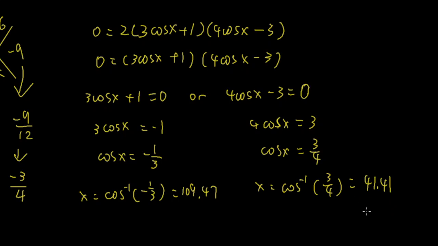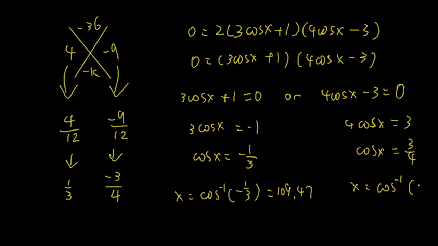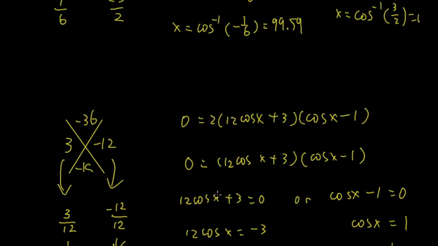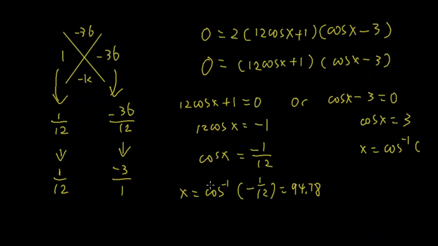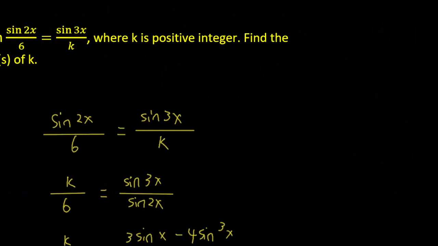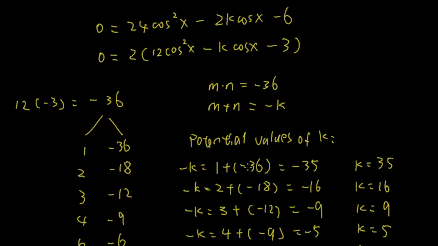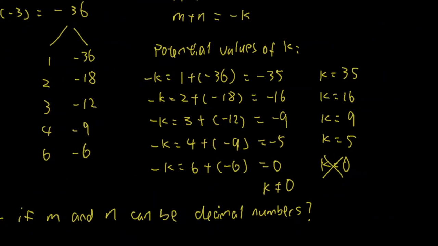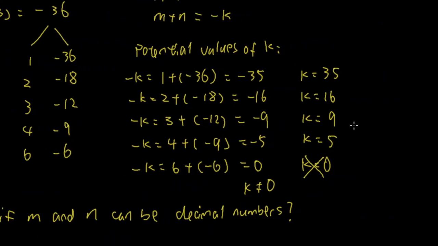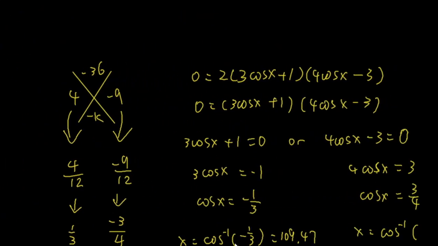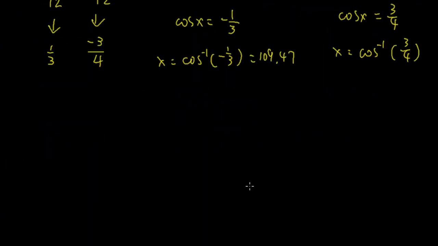So these are rounding values. Again, it has two values. So it seems like each of these pairs has at least one value that works for x. So they probably work, and this potential k value here is probably okay. But anyway, let's validate all of them. So here, let's try that.